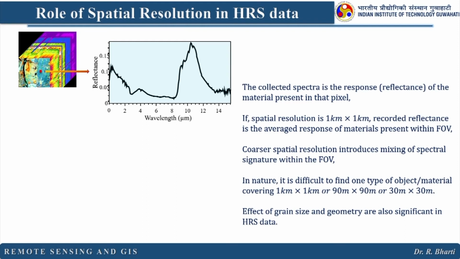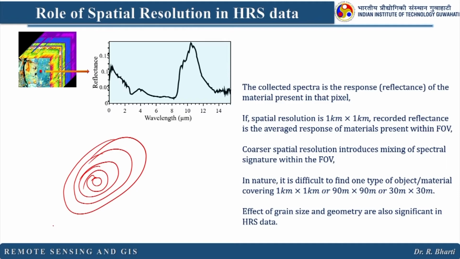The effect of grain size and geometry is also significant in hyperspectral remote sensing data. So, suppose you take 1 kg of quartz, 1 kg of mica, 1 kg of feldspar, and arrange them in a regular manner, or maybe in a circular manner, alternatively, right. In the next case, you mix them randomly and put them down, right. In the third case, you make squares with alternate material, right.